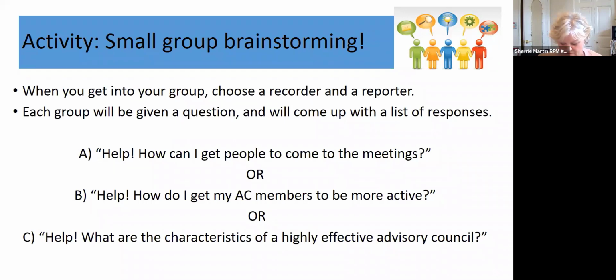So also in that survey, looking at the times that work for them overall. And I shared with a few people in the group a Google form that I had put together and sent out to my advisory council members. It seemed to have a good response from my members whenever I sent that out. Very good. Thank you.